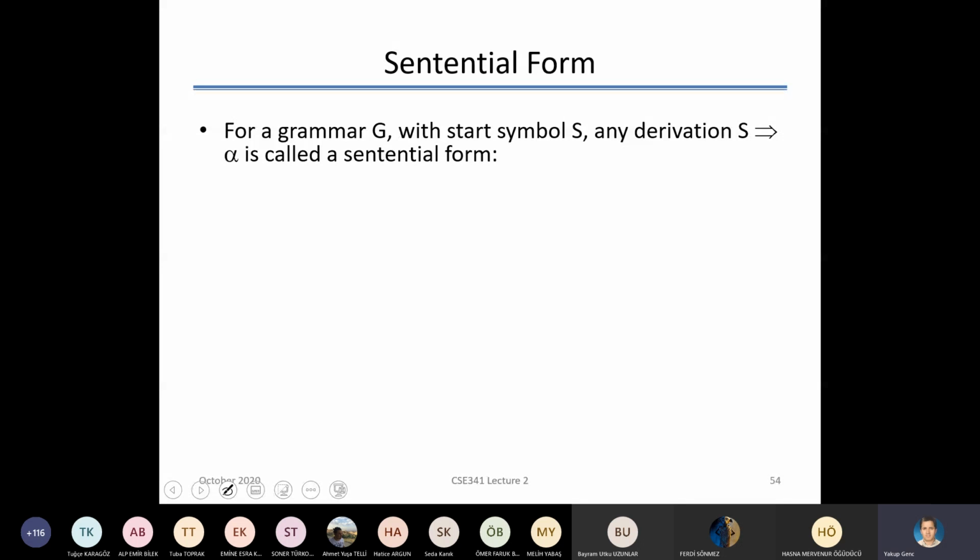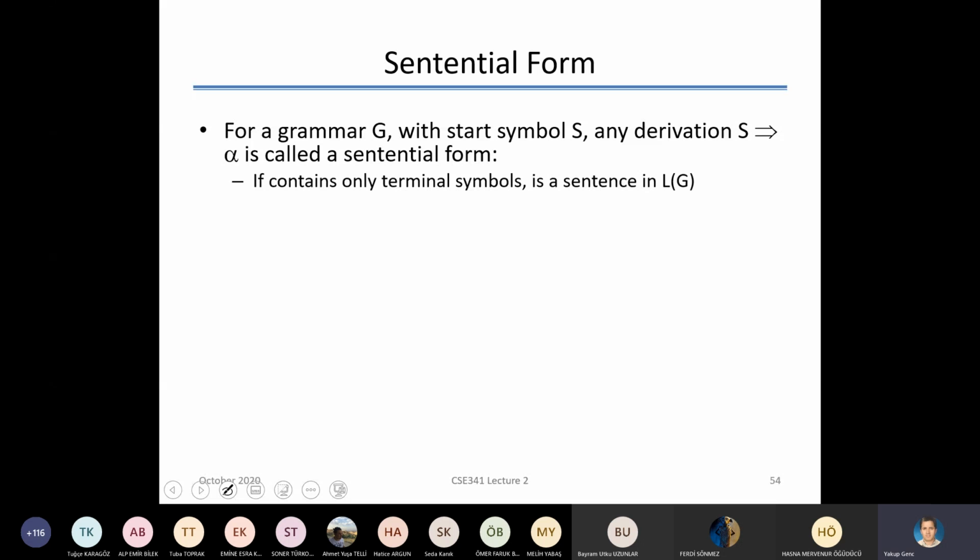And for that, we need to define a little bit more formally what we discussed on Monday, these sentential forms. So for a given grammar G, this will get a little bit formal. With a given start symbol S, any derivation that S goes to alpha is called a sentential form.